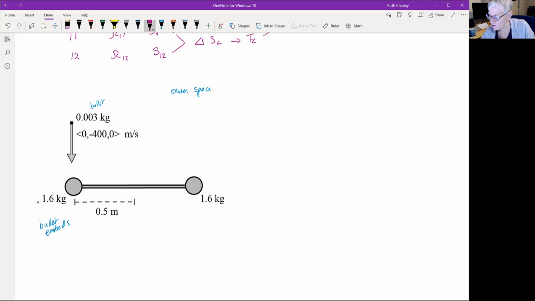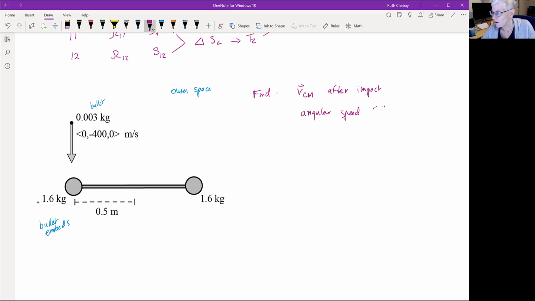So we want to find out three things. We want to find out the velocity of the center of mass of this object after the impact. We want to find the angular speed after impact.